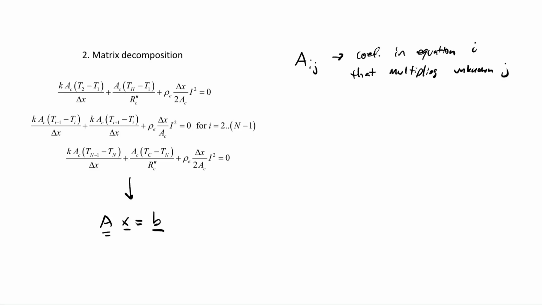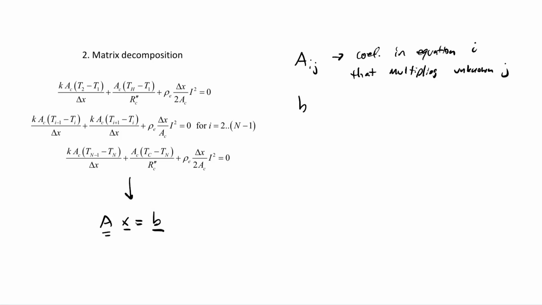So we're taking n equations, and we number those equations 1 through n. The ith equation in that sequence, the A coefficient in that ith equation that's multiplying the jth unknown, that might be T_j or whatever, would be going into that position in the matrix.